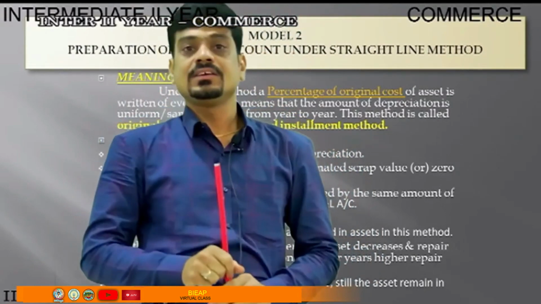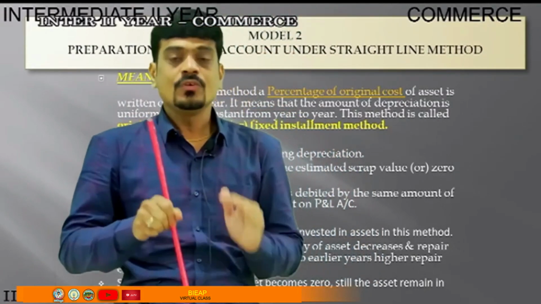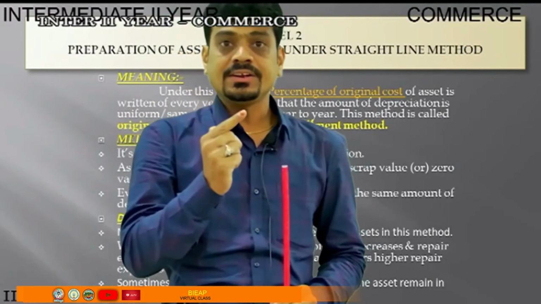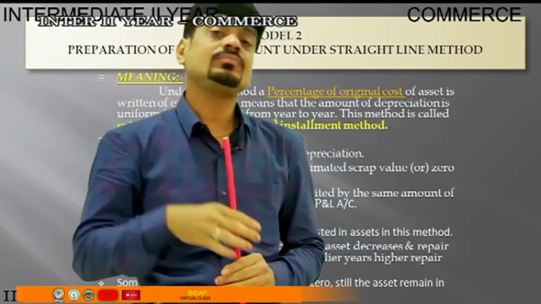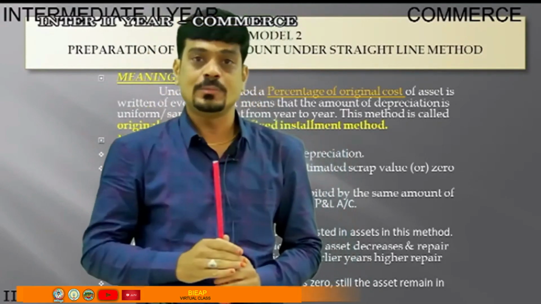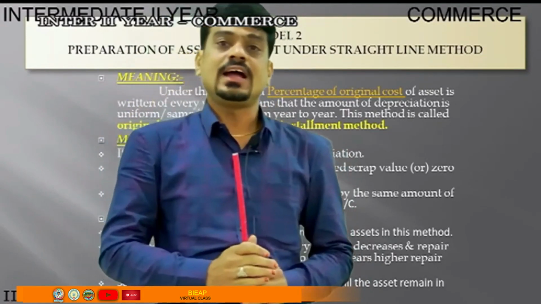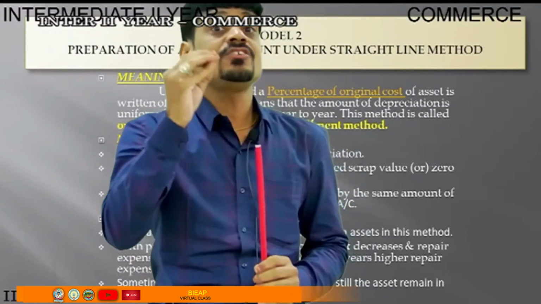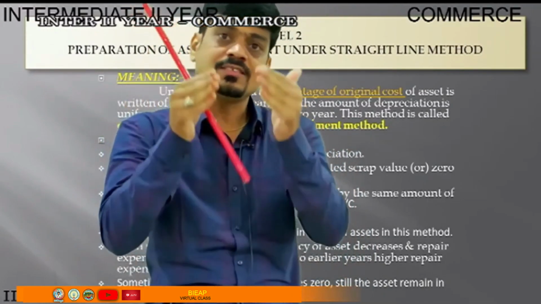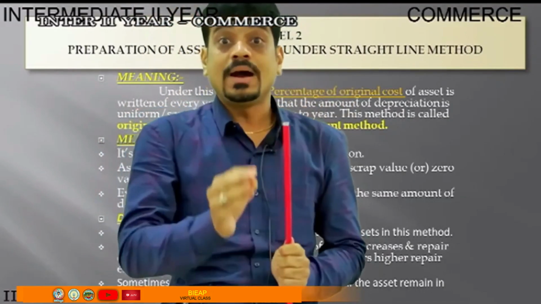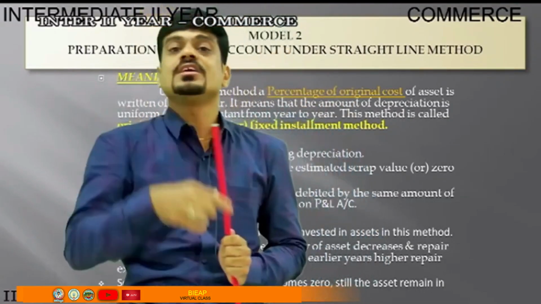And generally now we are given with the date which is always, not always, sometimes the middle of the year also will be given, but generally they say that beginning of the financial year we are purchasing the asset. Date of purchase is okay, you can manage, but date of accounting is important.